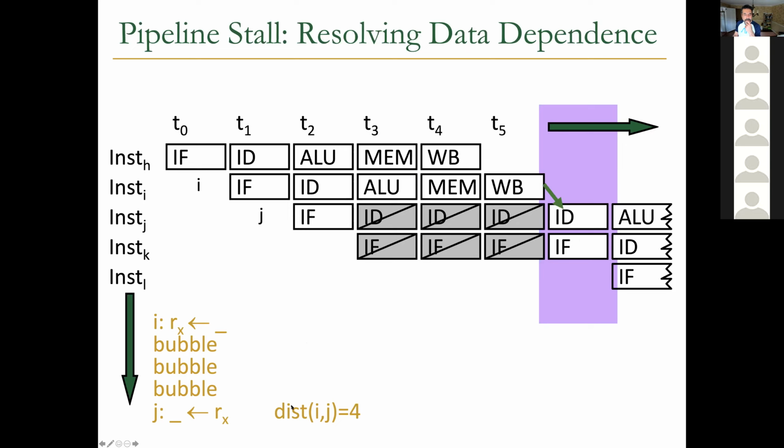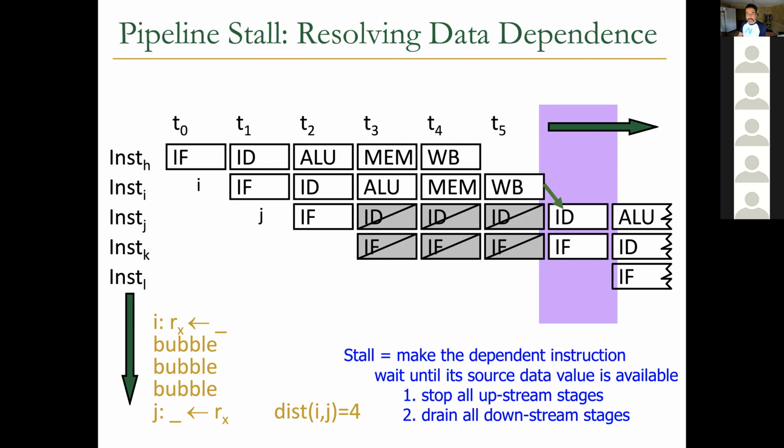So based on this distance value, you can calculate the number of no-op operation you need to insert into the pipeline.